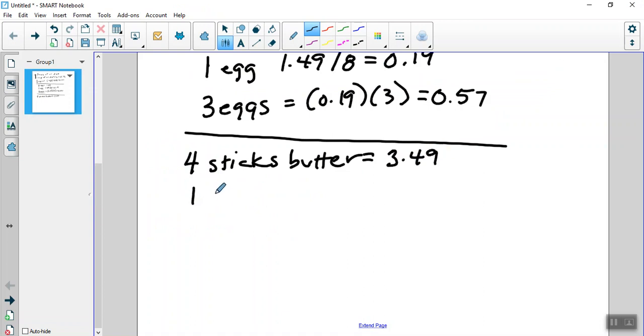So now I'm going to find 1 stick of butter by dividing by 4. 3.49 divided by 4.